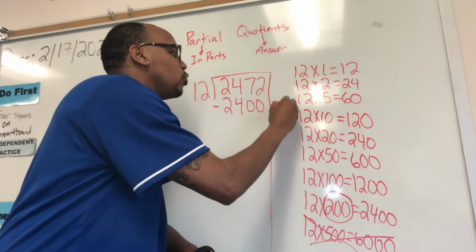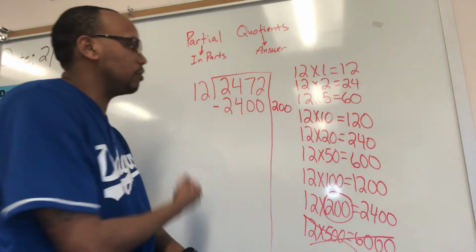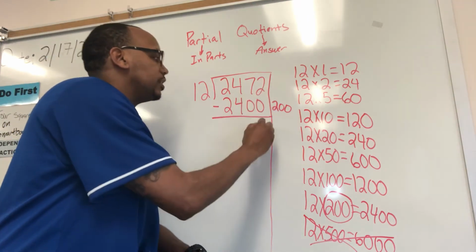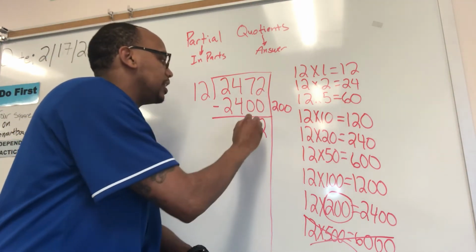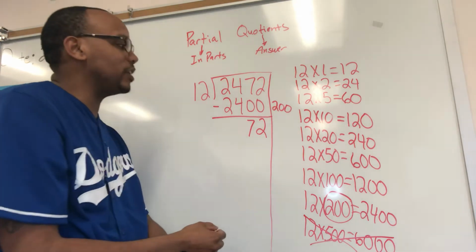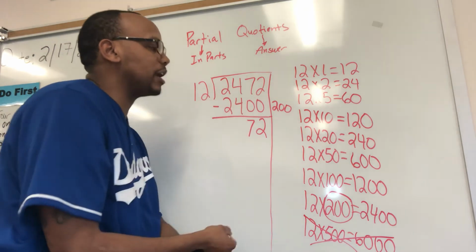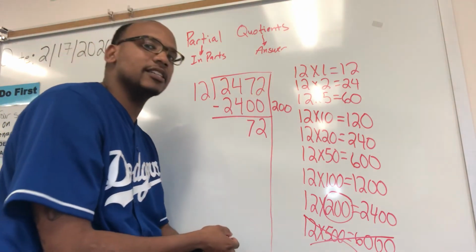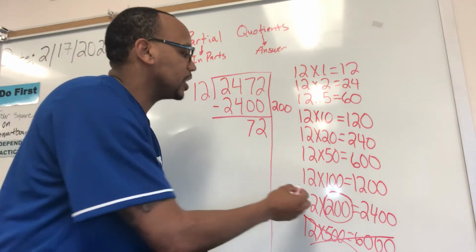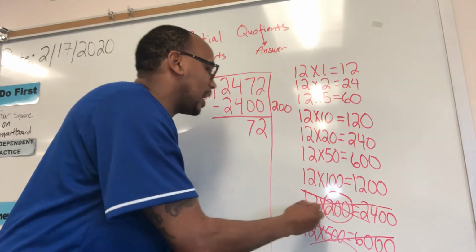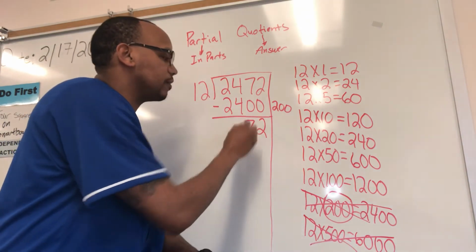So this is 200 groups of 12, right? So I subtract, that's 2, that's 7. So all I'm left with is 72. Again, the goal was to get as close to this number as possible so I don't have to subtract a lot of times. So now that I've used a big chunk of 200, I only have 72 left.